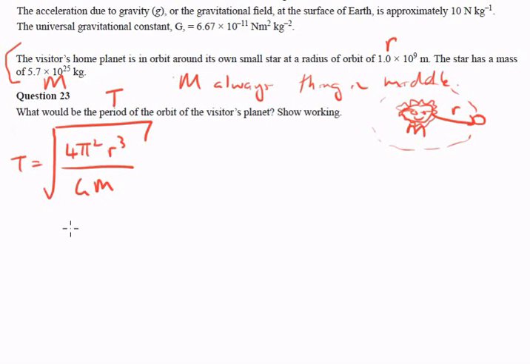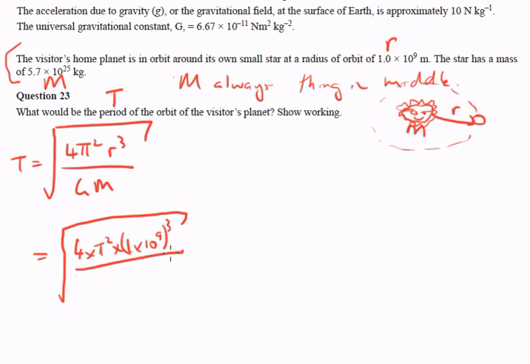Now this is just a case of putting all the numbers in. 4 times pi squared times the radius of the orbit is here, 1.1 times 10 to the 9, it's cubed, over G is 6.67 by 10 to the minus 11, and the mass is 5.7 by 10 to the 25.